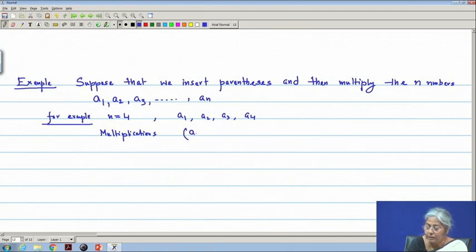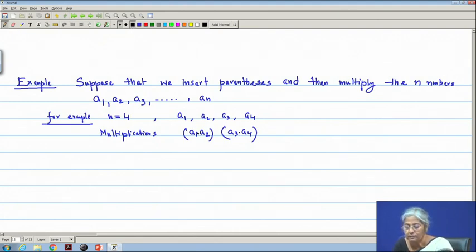We insert parentheses, and first we multiply A1 dot A2, and then A3 dot A4.